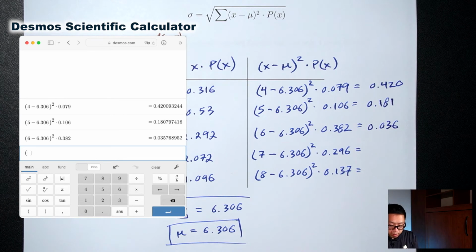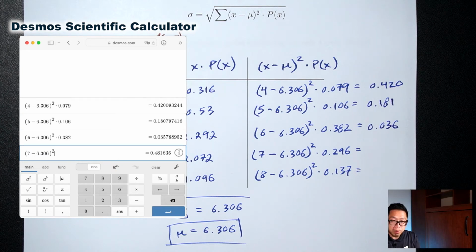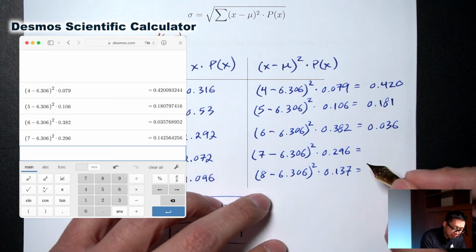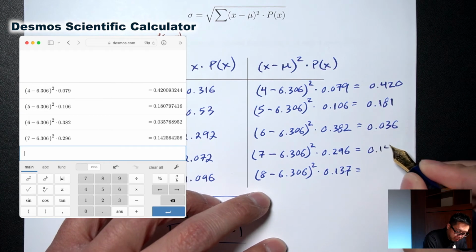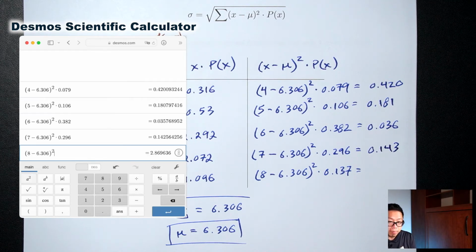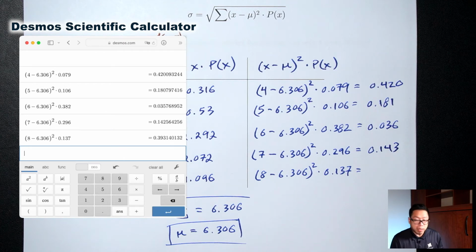Next, 7 minus 6.306, close parentheses, square it, times 0.296, which is 0.143. And finally, 8 minus 6.306, close parentheses, square it, times 0.137, which is 0.393.